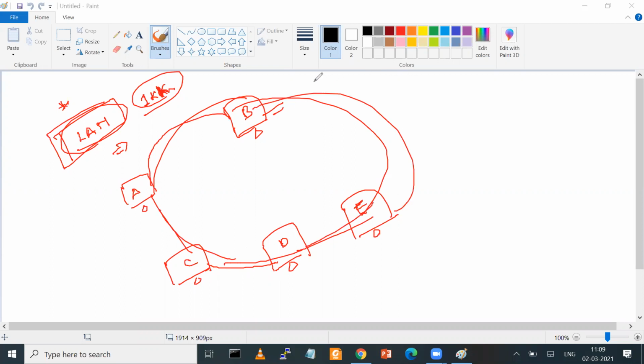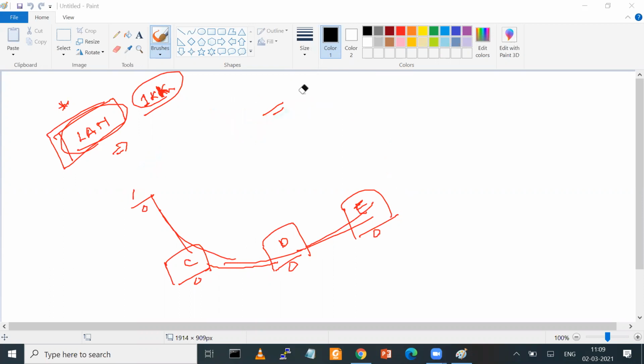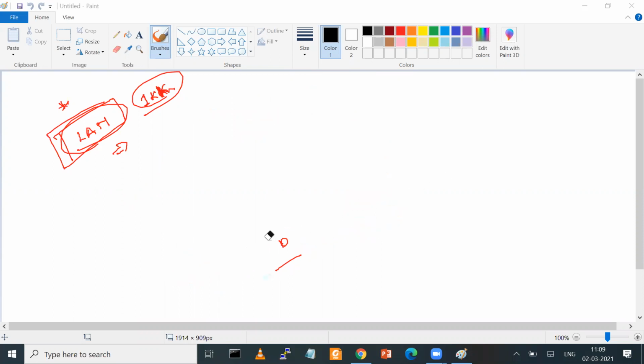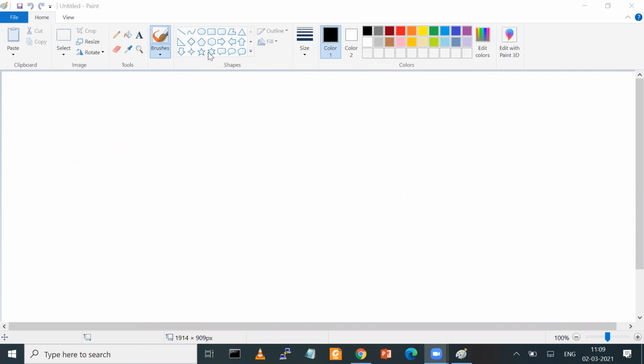So in general, we only have two kinds of network, LAN and WAN. First is your LAN and then your WAN. But when we understand the types of network, there are other categories also, like LAN, CAN is also there.